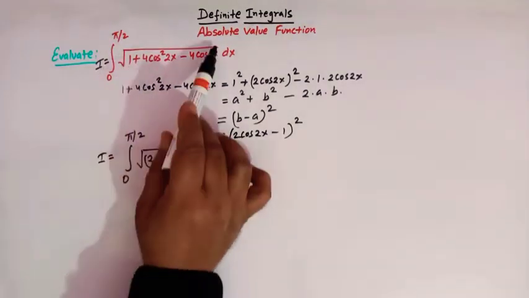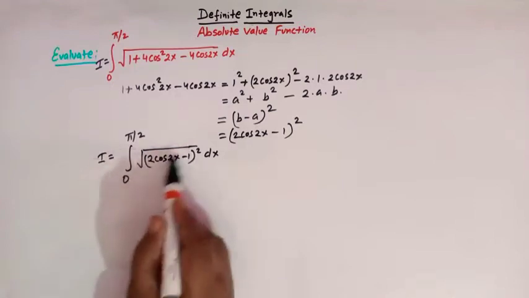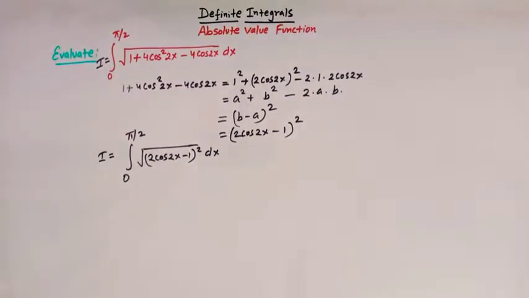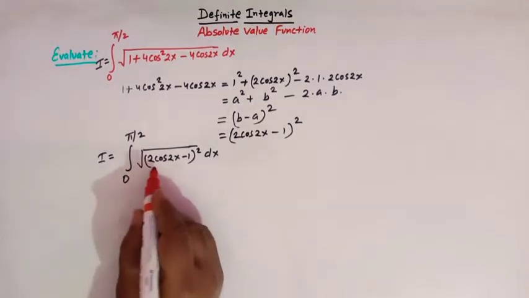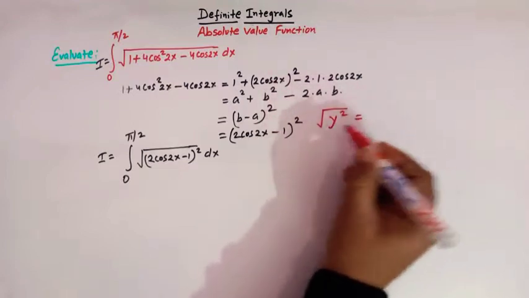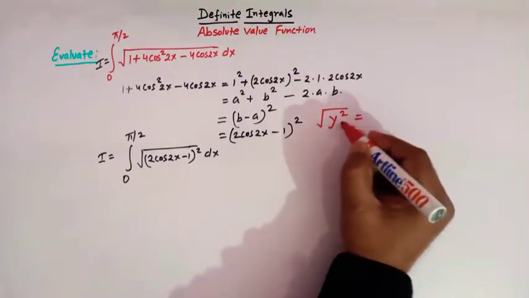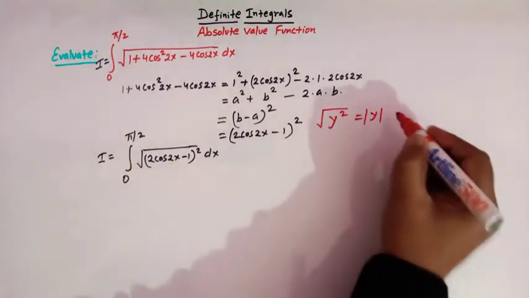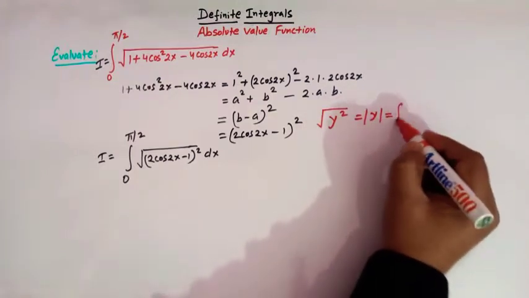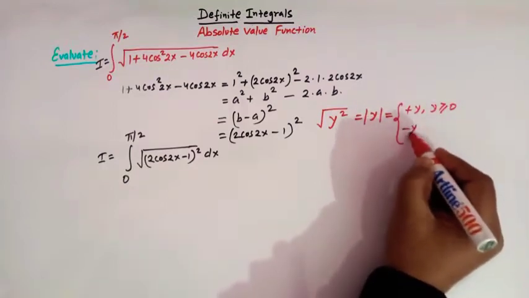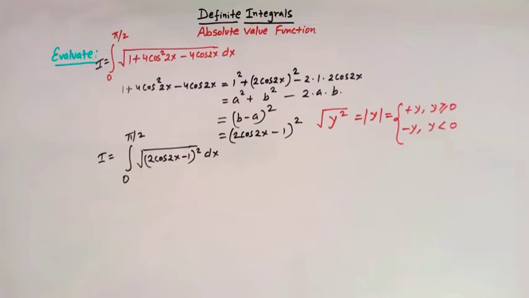Now we see that this integrand is reduced to the square root of 2 cos 2x minus 1 square, and here we'll make use of the definition of the absolute value function. We know that the square root of y square is equal to the absolute value of y, and the absolute value of y is plus y whenever y is greater than or equal to 0, and minus y whenever y is less than 0.